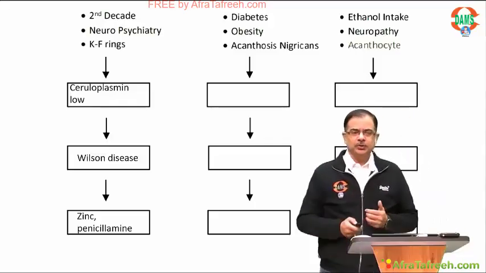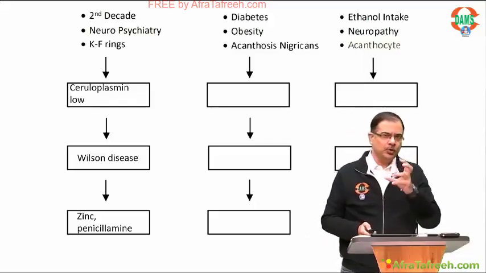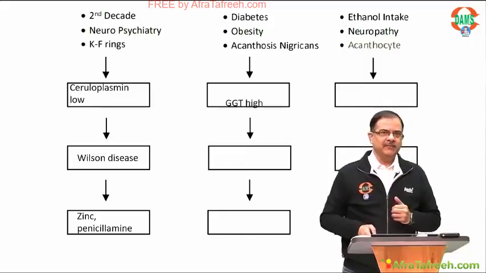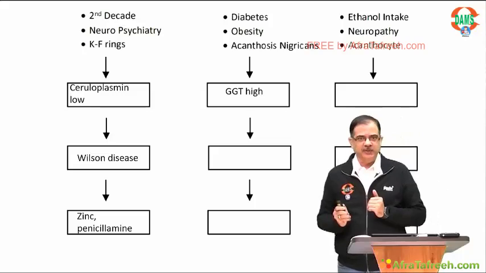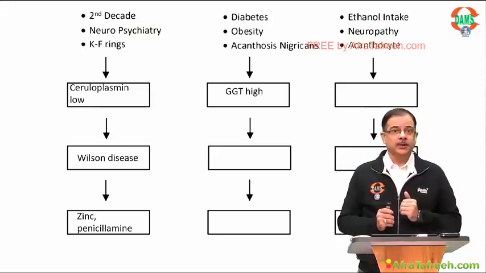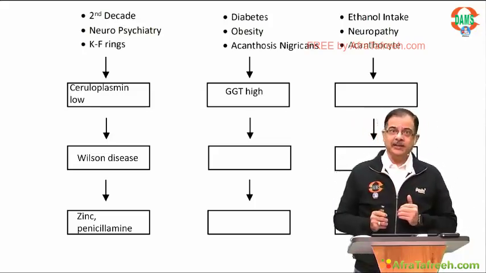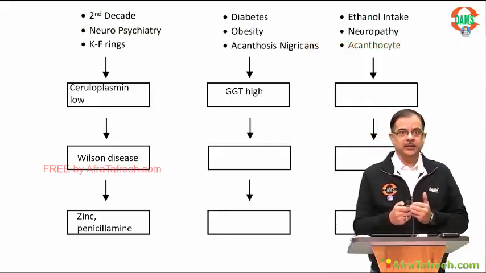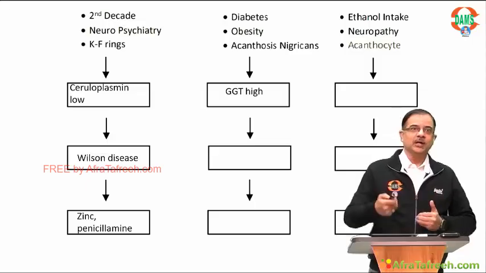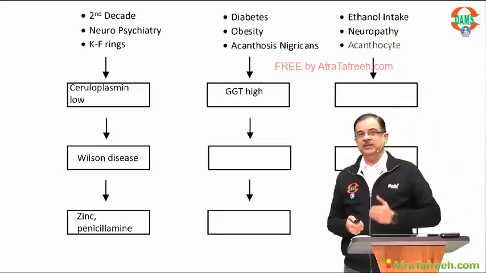So most likely it is a case of non-alcoholic fatty liver disease. When we do the gamma GT levels, gamma glutamyl transpeptidase, it comes out high. Gamma GT is high not only in obstructive disease, it is also high in fatty liver disease. So it is a case of fatty liver with metabolic syndrome.